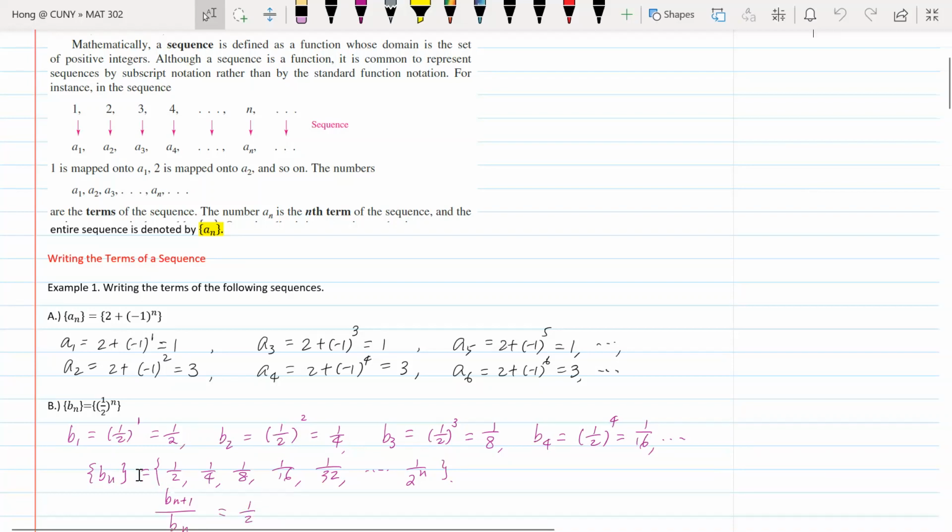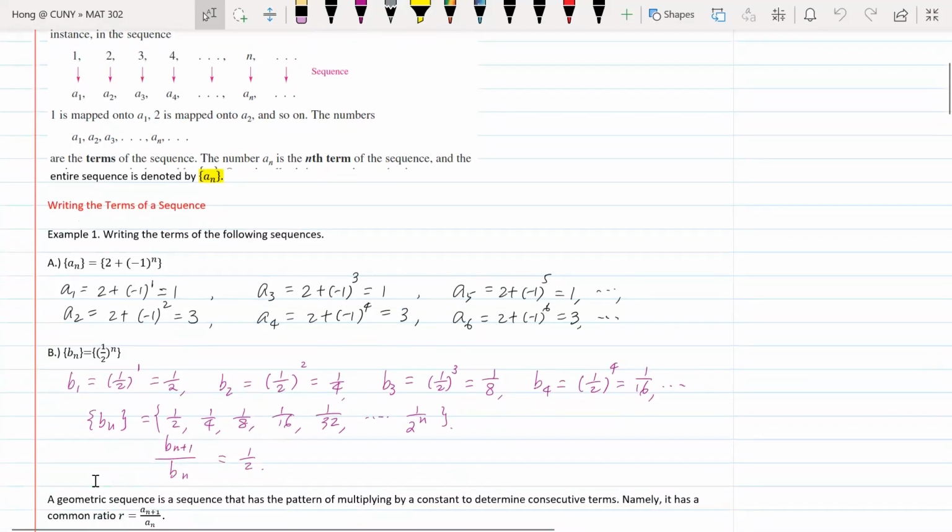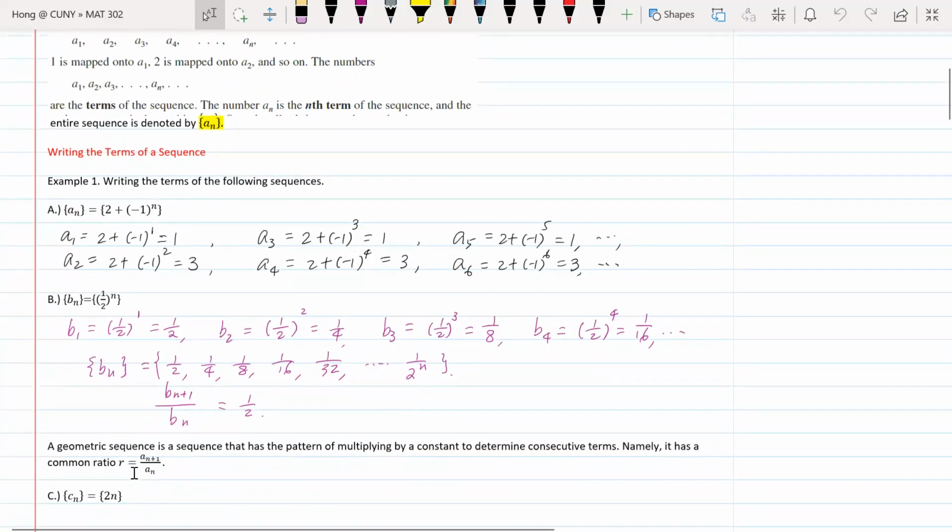This type of sequence has a name. We call it a geometric sequence. A geometric sequence is a sequence that has a pattern of multiplying by a constant to determine consecutive terms. Namely, it has a common ratio r. The common ratio r in this case is 1/2.